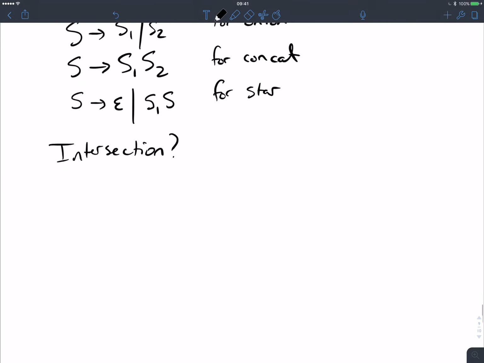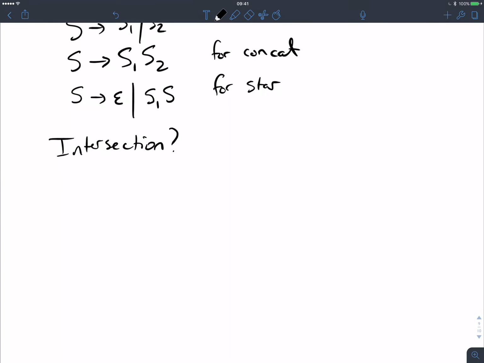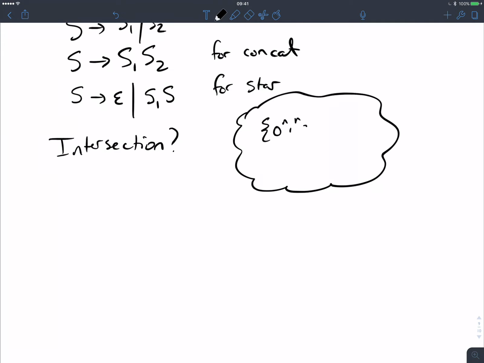Let's see why. Well, remember the language that we just talked about, which is 0 to the n, 1 to the n, 2 to the n, with n at least 0. But instead of all three being equal, could I recognize two of them being equal, and the third being some other number? Yeah, I can certainly do that.